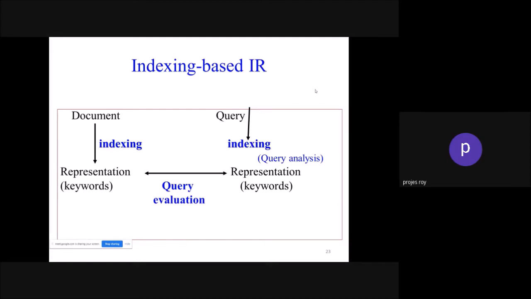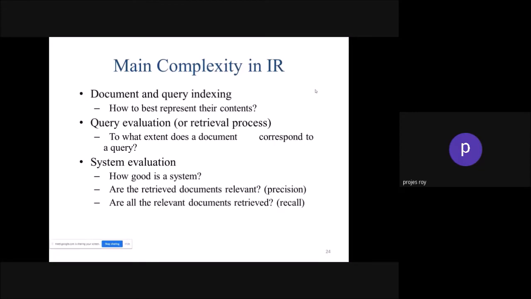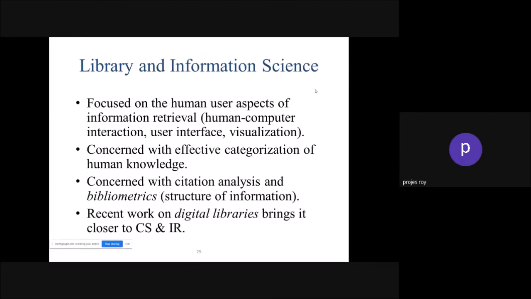The main complexity in information retrieval today: document and query indexing, how to best represent their content; query evaluation or the retrieval process, to what extent does a document correspond to a query; system evaluation, how good is a system? Are the retrieved documents relevant? Are all the relevant documents retrieved? This is both vice versa. It's an important question in information retrieval.